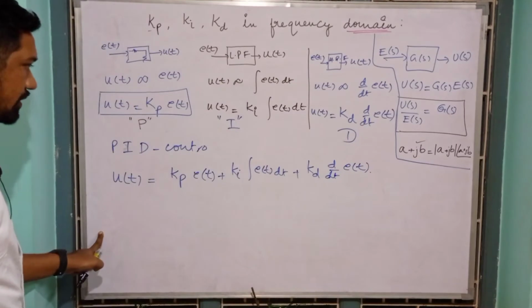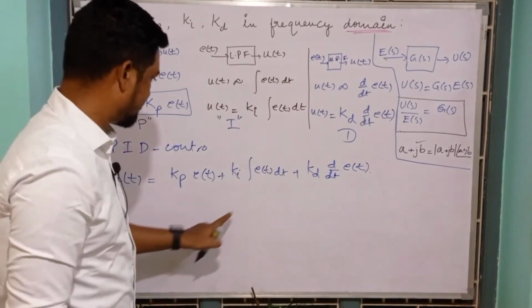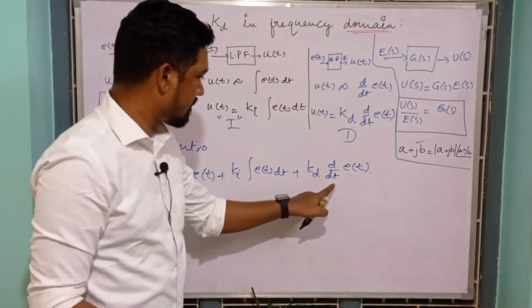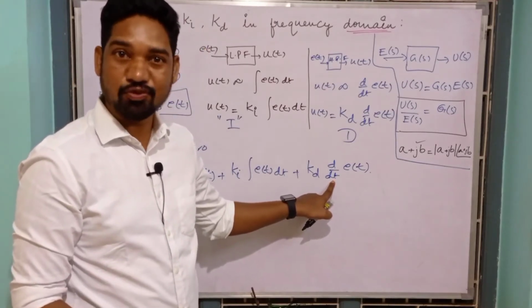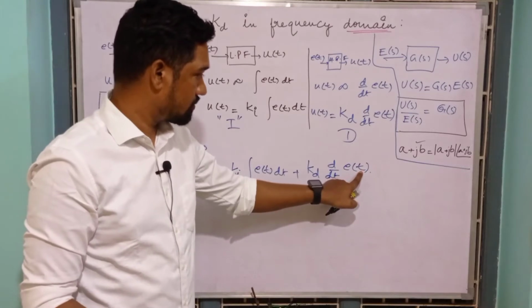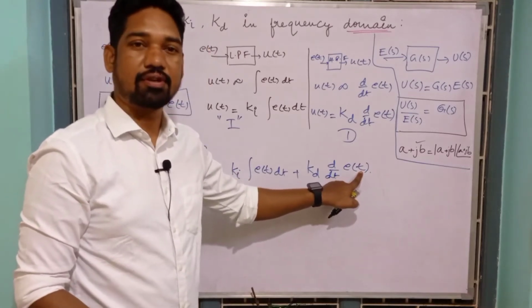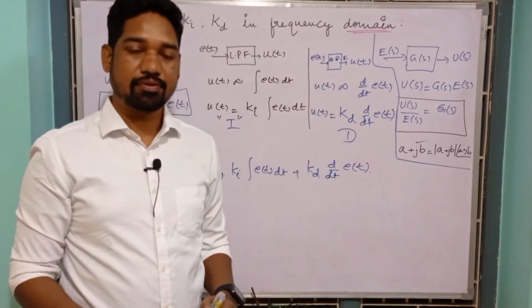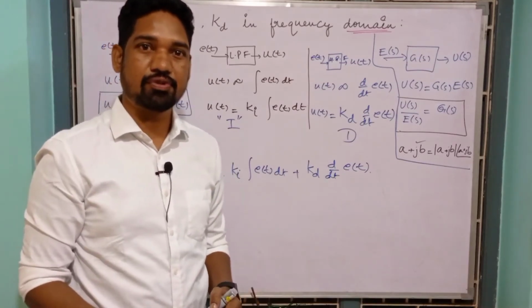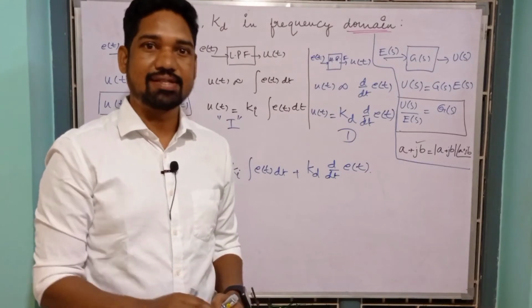Okay, so this is the one. And guys, we have integration over here, we have a derivative function over here. So it will be tedious if you go ahead with the time domain. So the very convenient way is to convert the time domain function to the frequency domain. That will be easier, right?